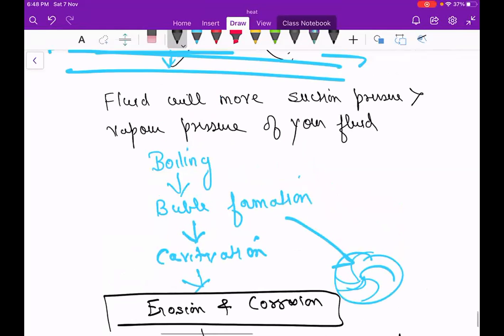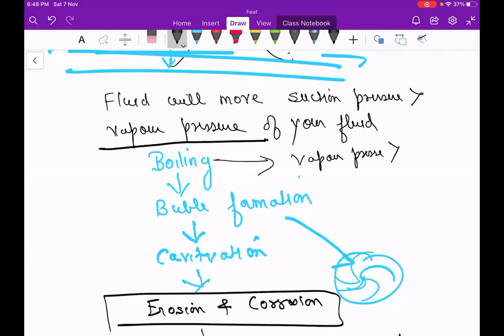So why is this happening? When the vapor pressure of your fluid increases, when the vapor pressure exceeds your suction pressure.